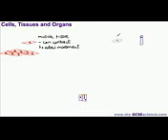Another type of tissue is shown by these cells over here, and these are what we call epithelial cells, and these are just cells that cover surfaces, designed for a kind of protection, if you like. I've just drawn two kinds here.